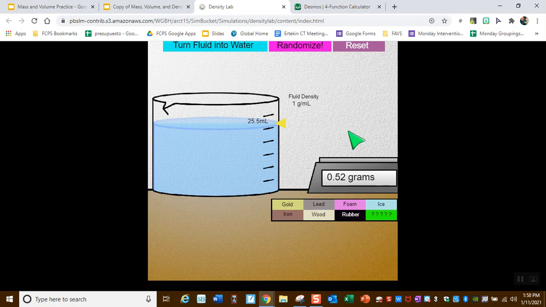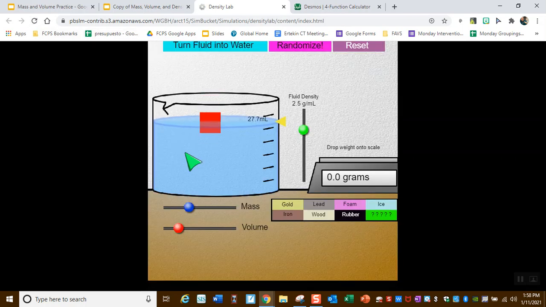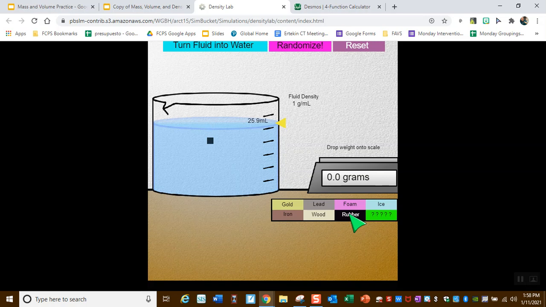Okay, if this happens to you, you can't find it, click on refresh and click on turn fluid into water. Click on rubber, and there you go. Okay, in case you lose it.